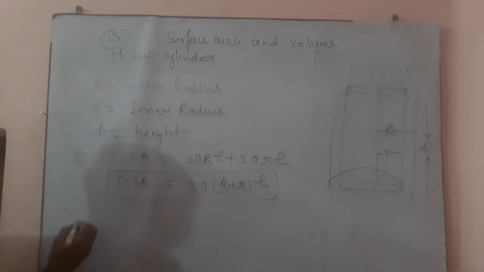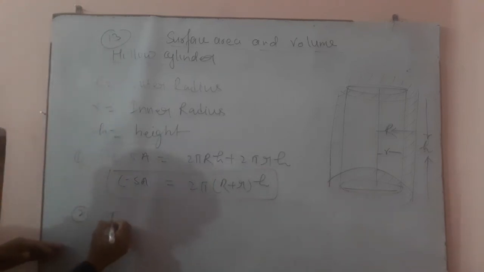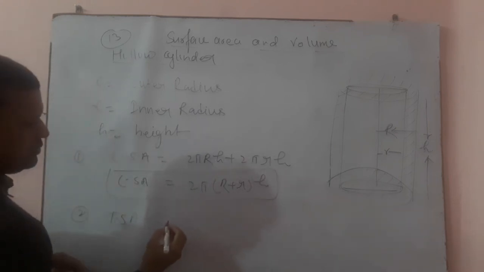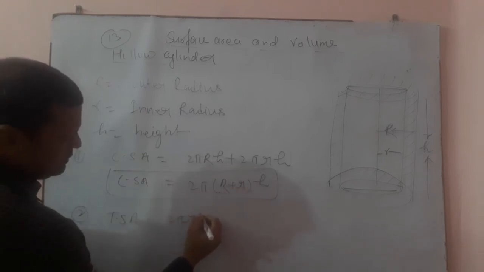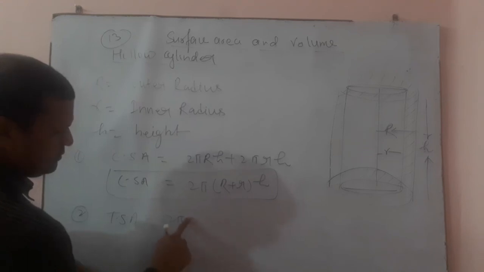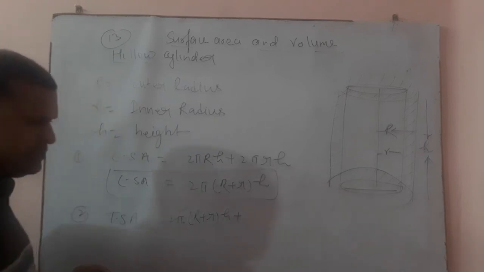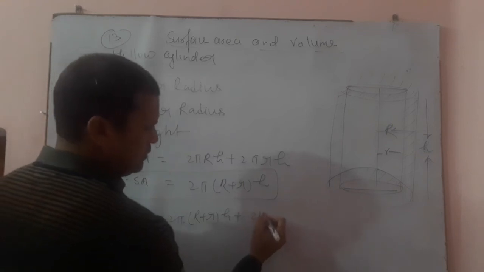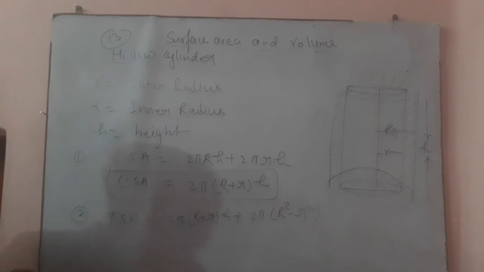Okay. The second one is the total surface area. Total surface area of the hollow cylinder, TSA, is the curved surface area 2 pi (capital R plus small r) H plus 2 pi (capital R square minus small r square).